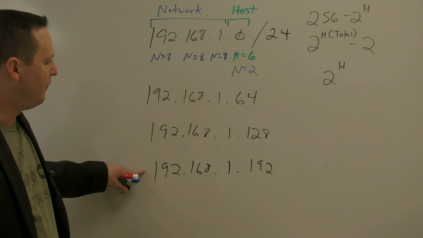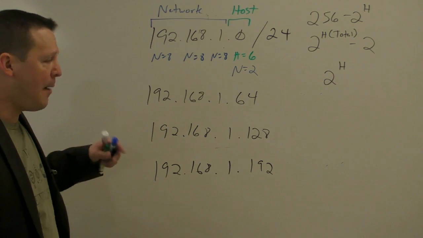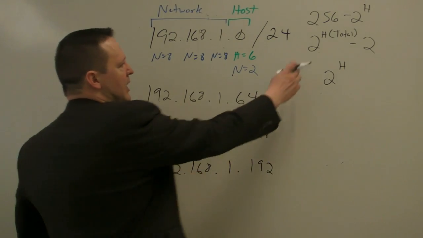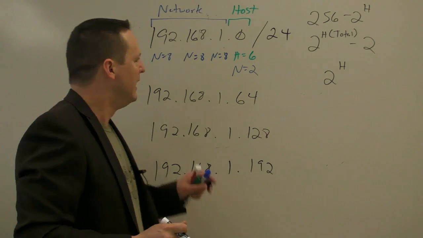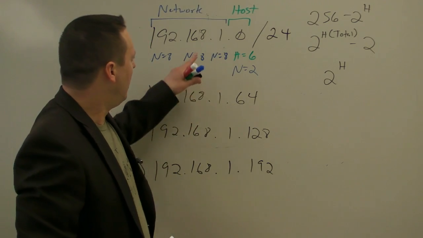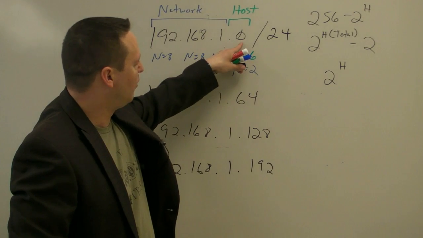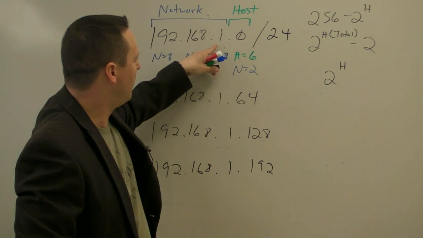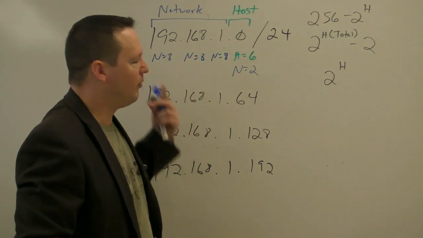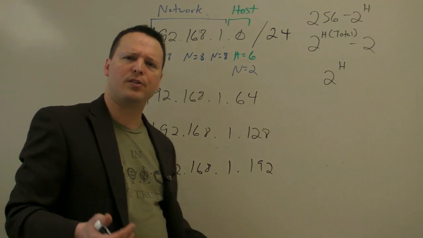Okay? 4 of them. How many hosts per network can I have? 2 to the H minus 2. Now I write total because on class Bs, which we'll look at in a second, it can be that you'll have several network bits left, host bits left here. So you'll have some borrowed here, some here. So you're going to have numbers probably larger than 8.